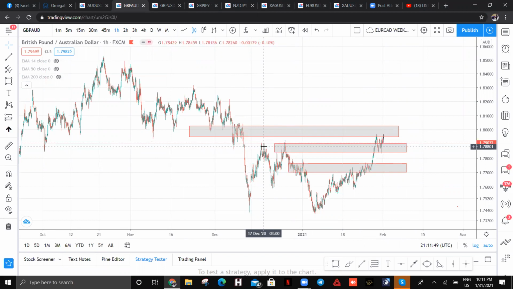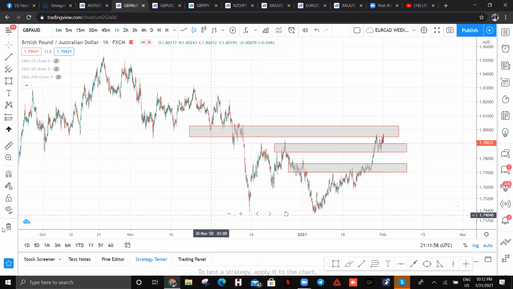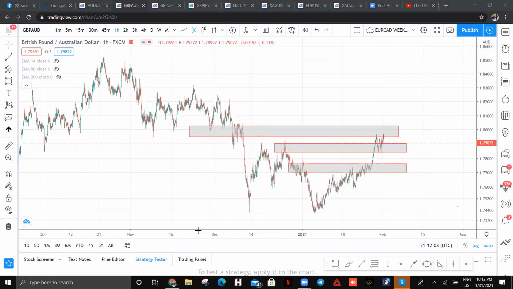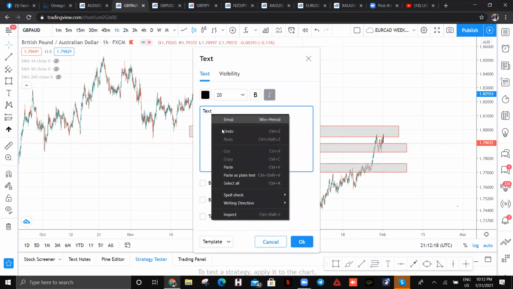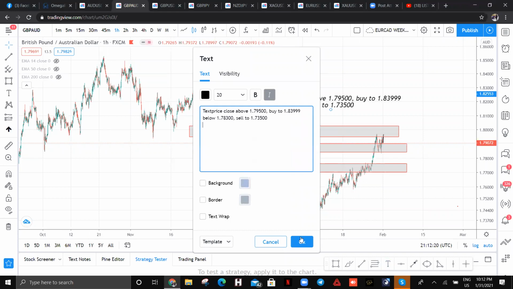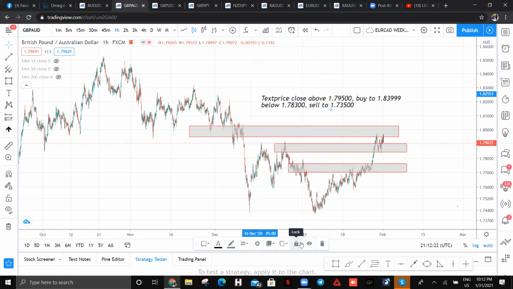I wrote the figure, but I deleted it when I was trying to explain this 15 minutes chart. Okay. All right, good. Let me just copy that. Paste it back. Okay. I think this, yeah.